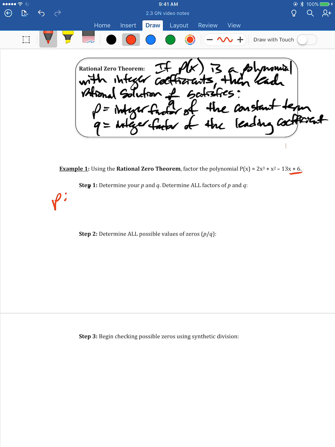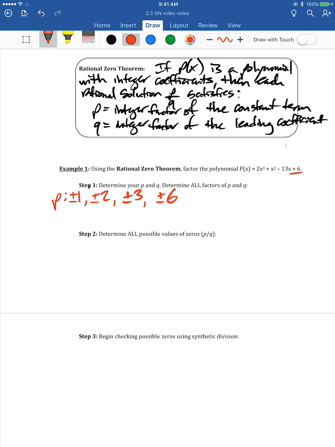We can multiply positive 1 and 6. We can multiply negative 1 and negative 6 to get positive 6. What else could we do? We could multiply positive 2 and positive 3. We could multiply negative 2 and negative 3 to get positive 6. So those are all of our factors.